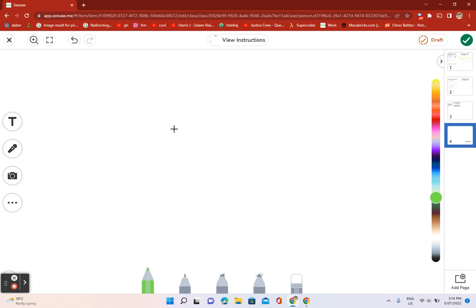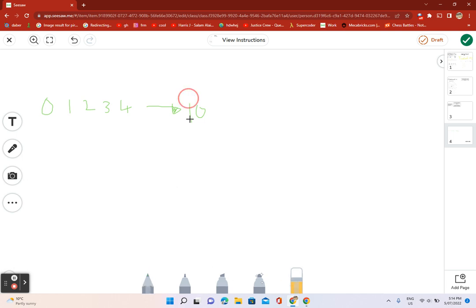I'll create a whole new page for this one. If you have the numbers 0, 1, 2, 3, or 4, that's 5 digits, right? Any one of these numbers, you round to the nearest tenth, it's going to be 0, not 10, because it's going to be called rounding down.